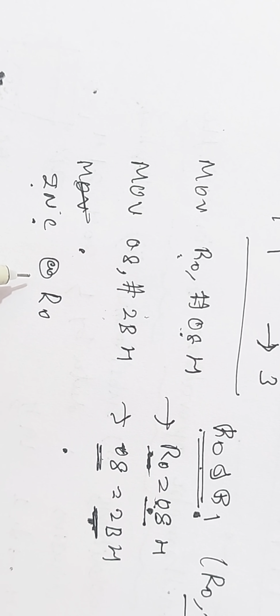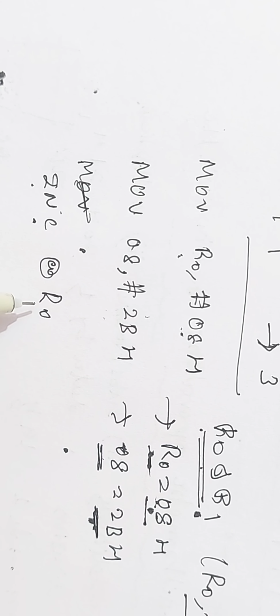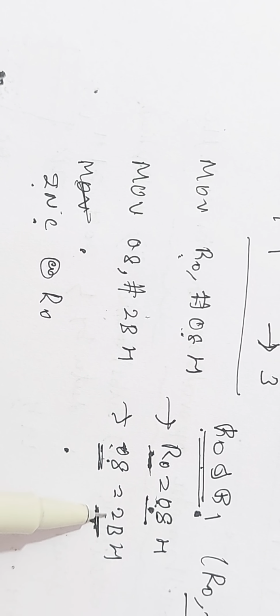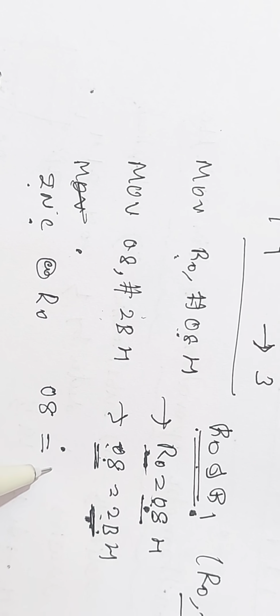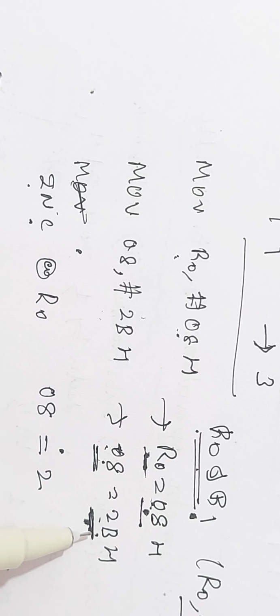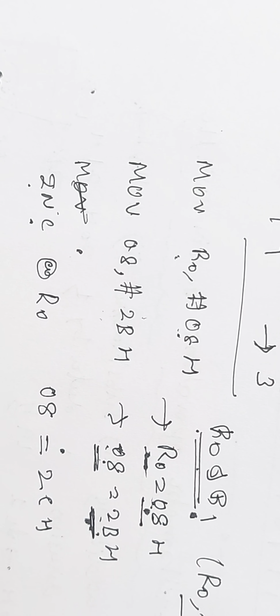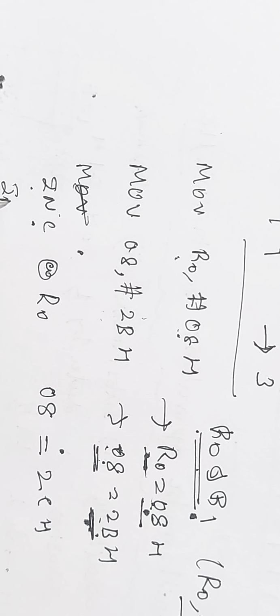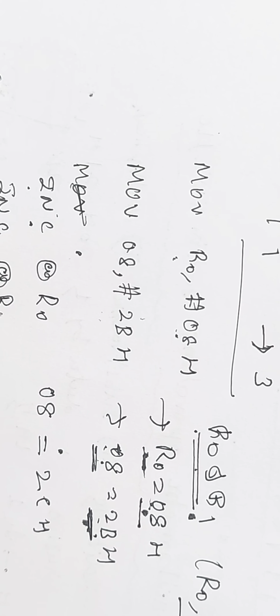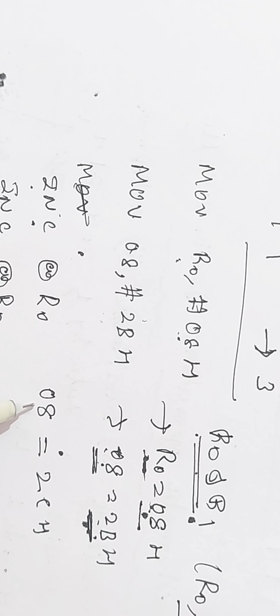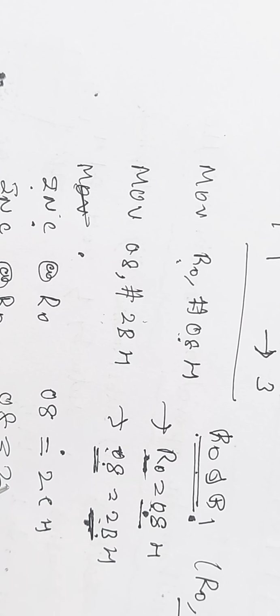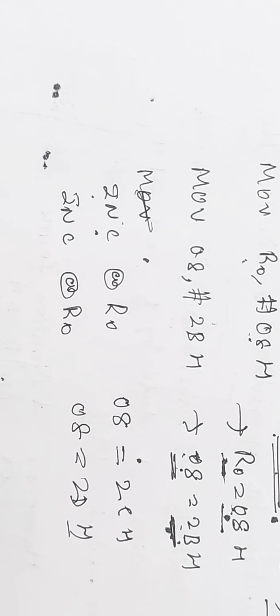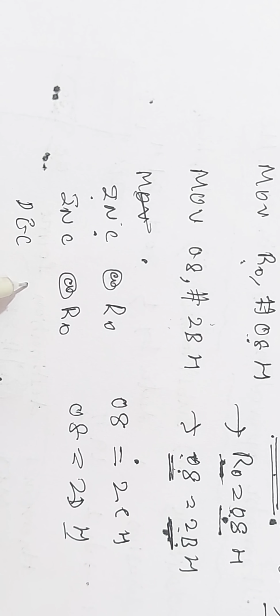Therefore, the address 08 now contains 2B plus 1, 2CH. Similarly, increment @R0. Now the address of R0 is 08. The number is 2C. Increment means 08 is now 2C plus 1, that is 2DH.